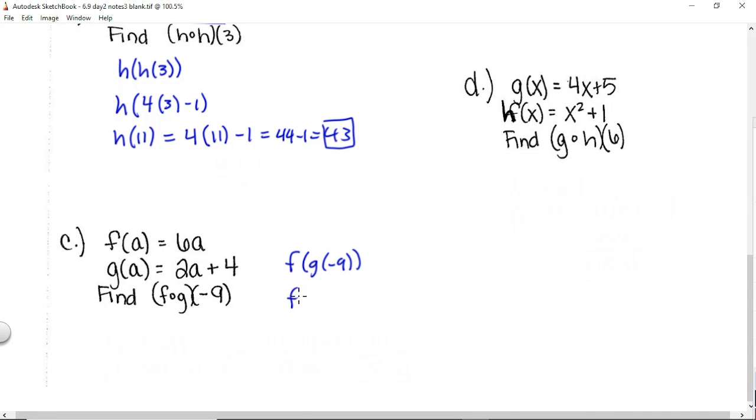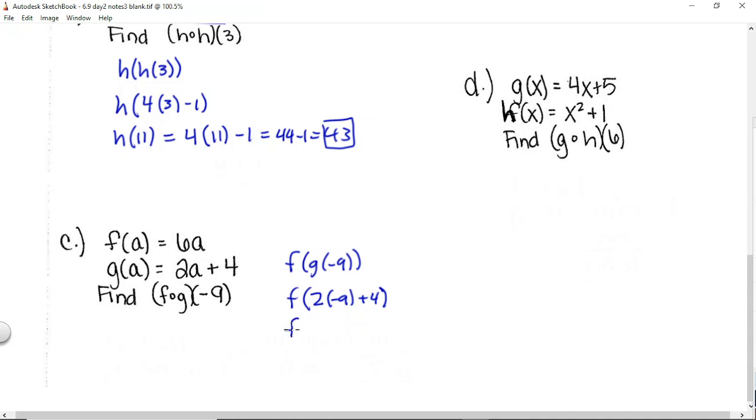So f of what? Well, f of this, and the this that I just underlined is g of negative 9. So we plug in the negative 9 into g. So here's g. Plugging negative 9 into that, we have 2 times negative 9 plus 4.